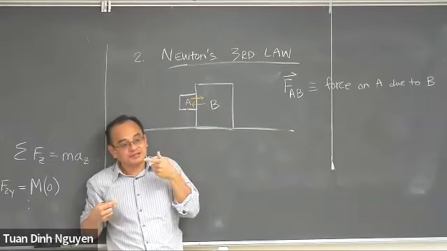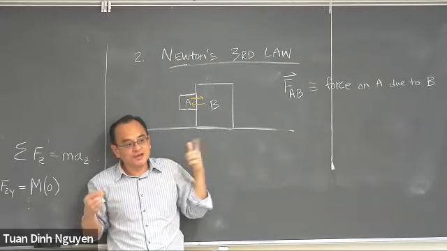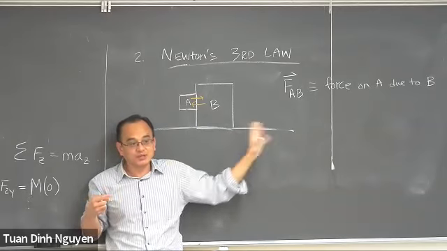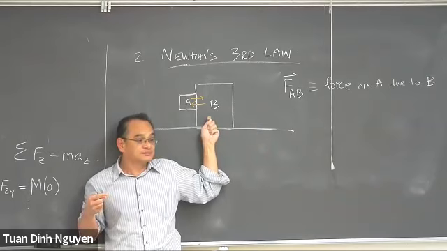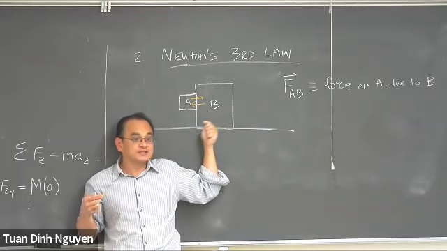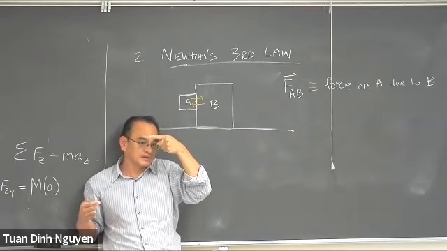It's always going to be pushing the other way. There's no way it can push that way unless it's pulling with a rope or something. But if B is on the right, then the force is going to be pushing the other way.